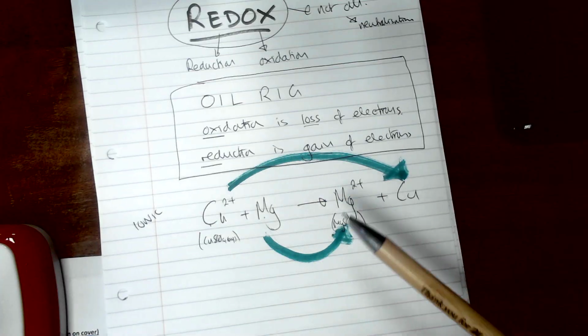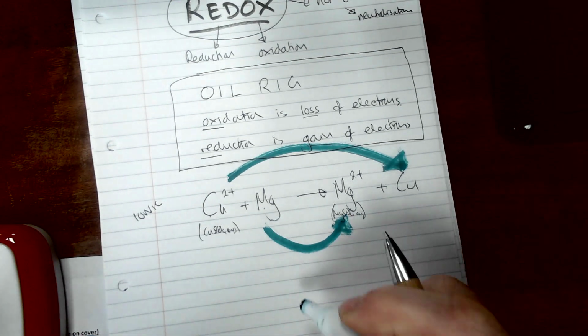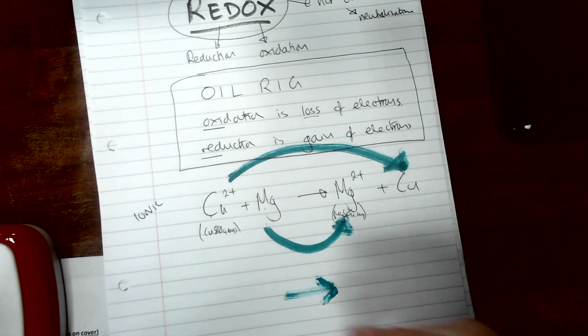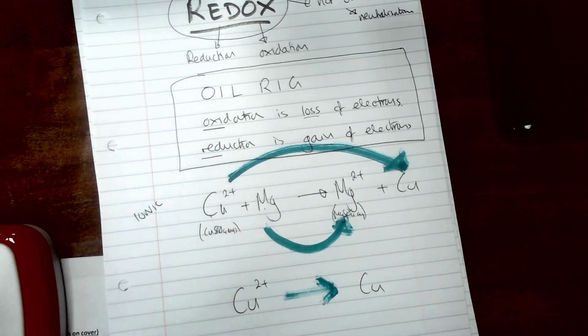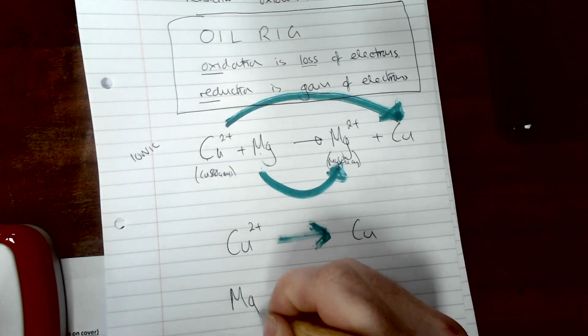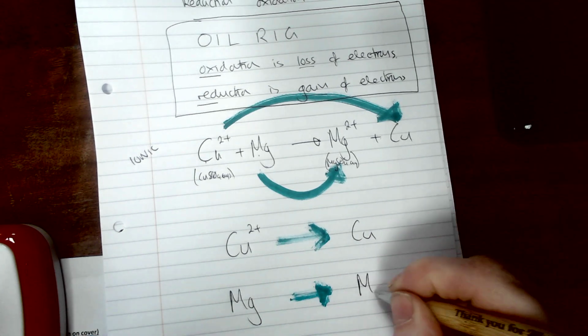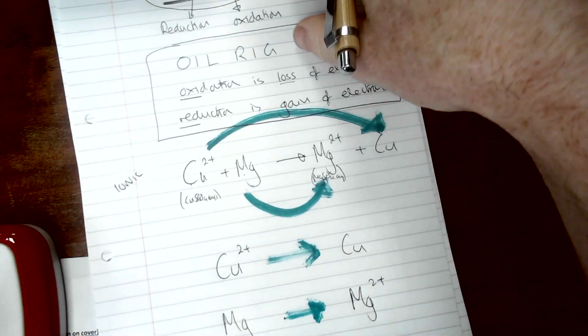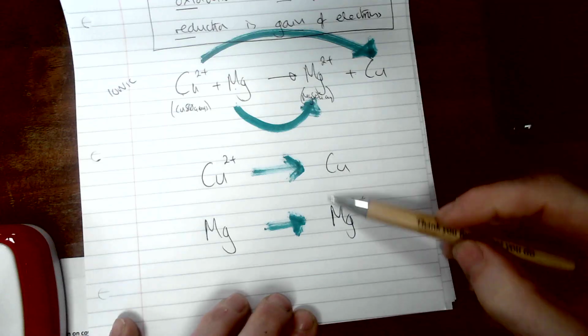We can write these green arrows as what we call half equations. So here's the copper one. I can write a half equation that says copper 2+ becomes copper, and magnesium becomes magnesium 2+. One of the skills we'll be looking at today is writing these things called half equations.